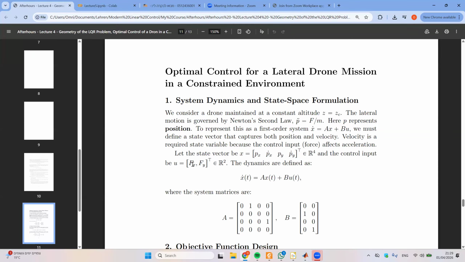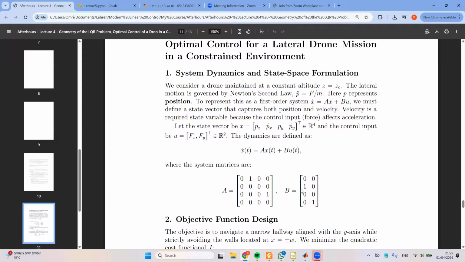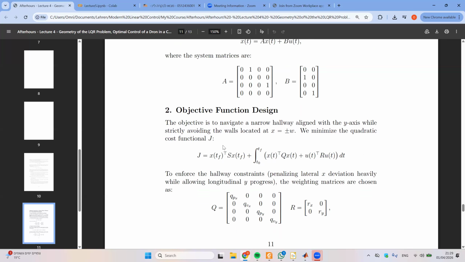Our control input is just some force in the x direction, some force in the y direction, and this is the system we have with the following A and B. Okay, so again, as I said, the objective is to navigate a narrow hallway aligned with the y-axis while strictly avoiding the walls located at x equal to plus minus w. So the width of the hall is twice w, and our goal is to minimize the cost function.